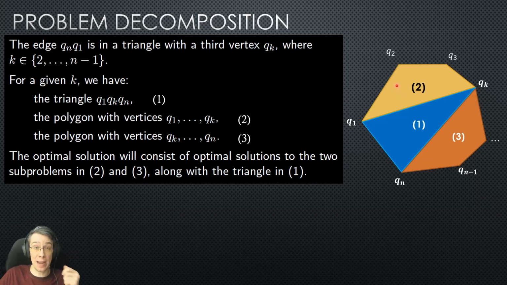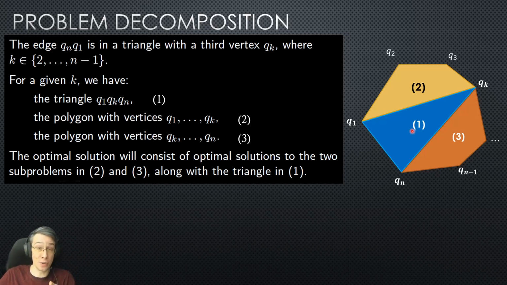And if you wonder why this is true, supposing that this triangle is part of the optimal solution, we have to triangulate this polygon somehow, and we want to triangulate it with the optimal triangulation, because if we use a suboptimal triangulation, we can improve our solution by replacing it with an optimal triangulation. Right? The sum of perimeters here has to be minimized, because if it's not minimized, we can improve this. So we're going to have the optimal triangulation of polygon 2, the optimal triangulation of polygon 3, and this triangle, under the assumption that this triangle is in the optimal solution.